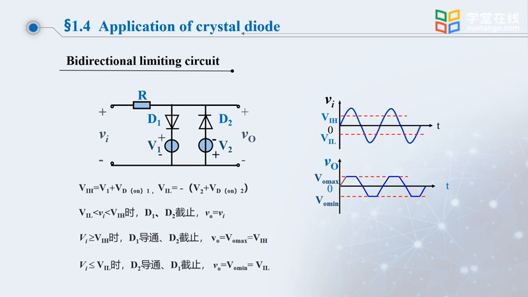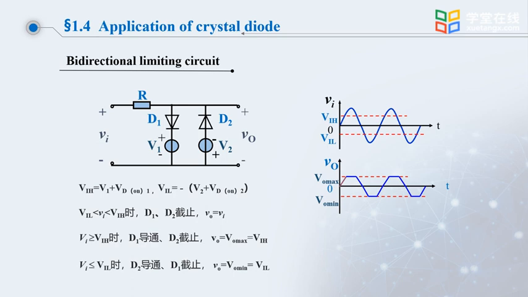Let's analyze. The input signal in this circuit is VI. The output signal is VO. If these two branches are not conducting, what should VI be? That is, VI is less than VIH and greater than VIL. Let me explain in detail. That is, VI is smaller than the turn-on voltage of the left branch and larger than that of the branch on the right.